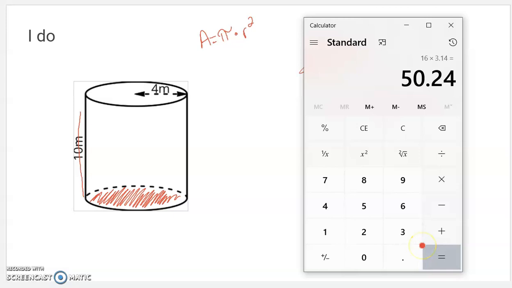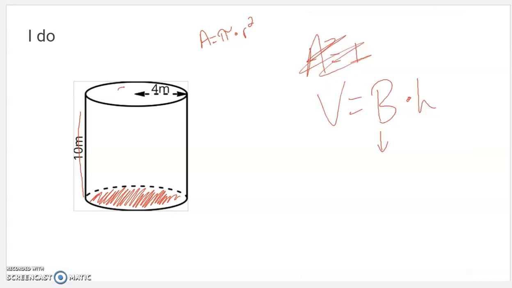And so now these bases, the top or the bottom, doesn't matter, have an area of 50 and 24 hundredths, times the height. So the area of the base is 50.24 times the height, which is 10. I know how to multiply by 10 with no calculator. I'm just going to have a decimal shift. So it would hold 502 and 4/10 cubic meters.